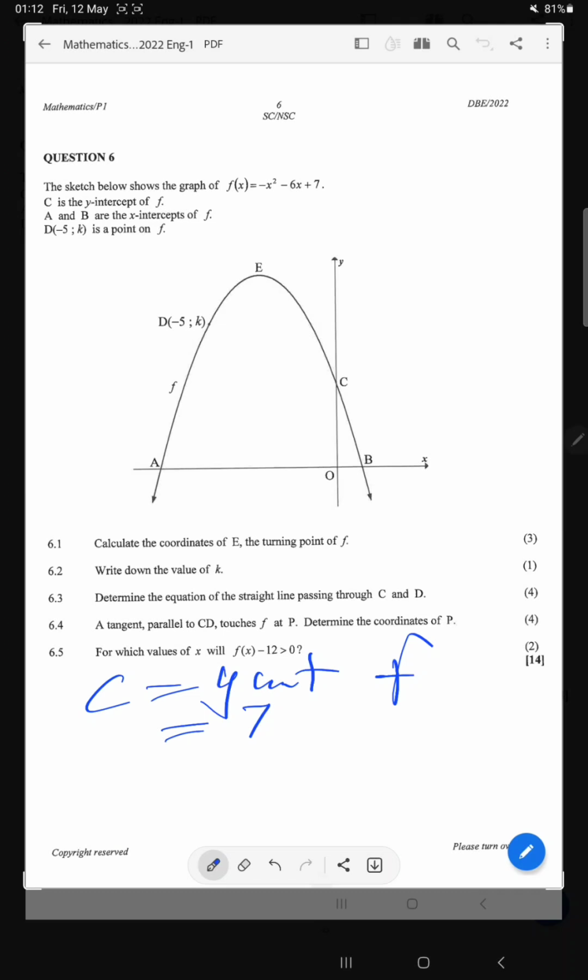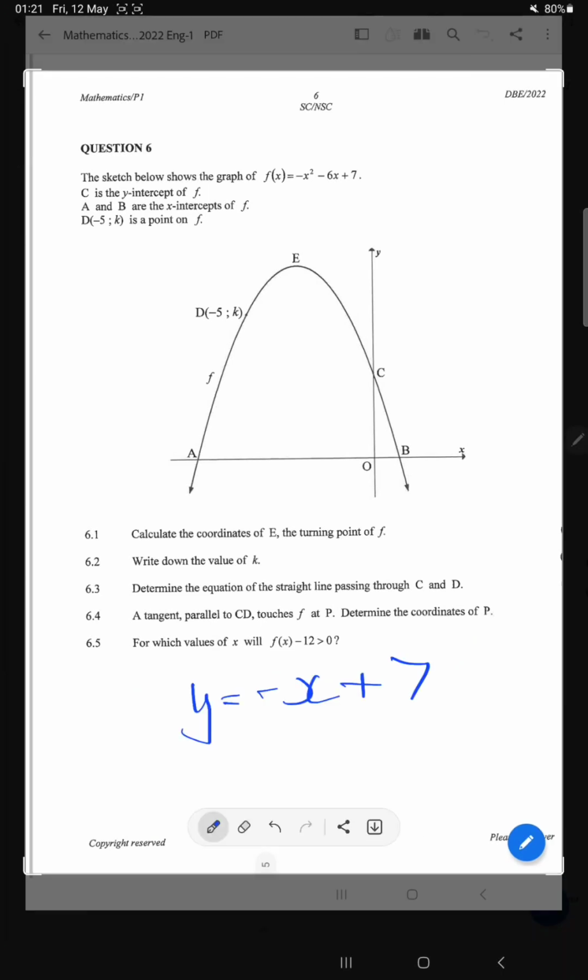Therefore, the coordinates of C are 0 and 7. So we have to determine the equation that passes through C and D. Therefore, it's pretty simple.